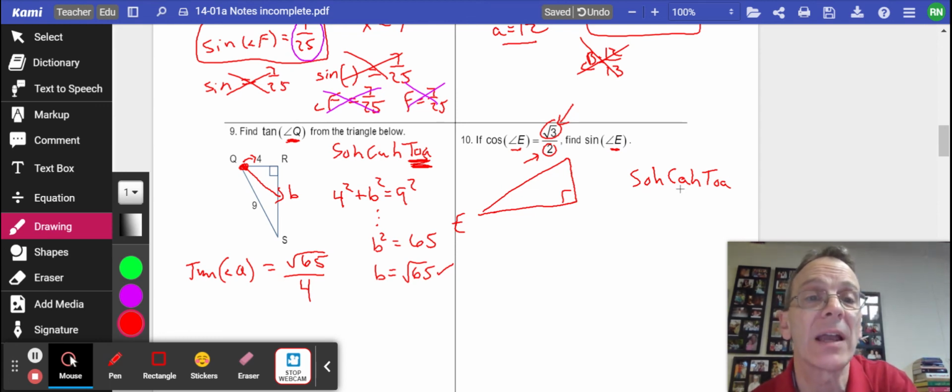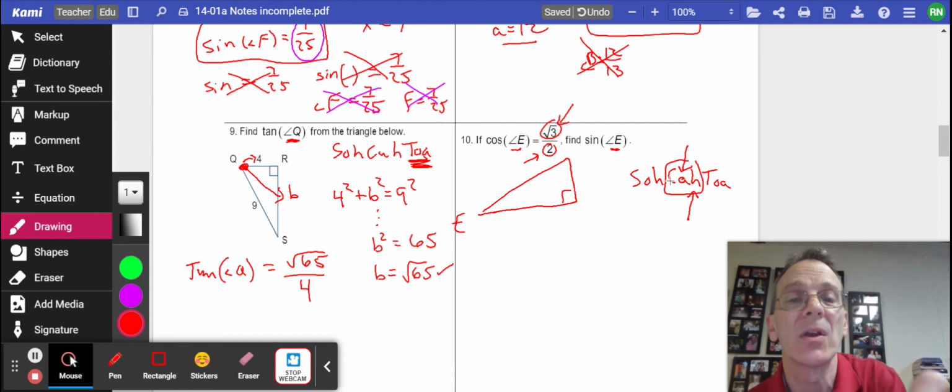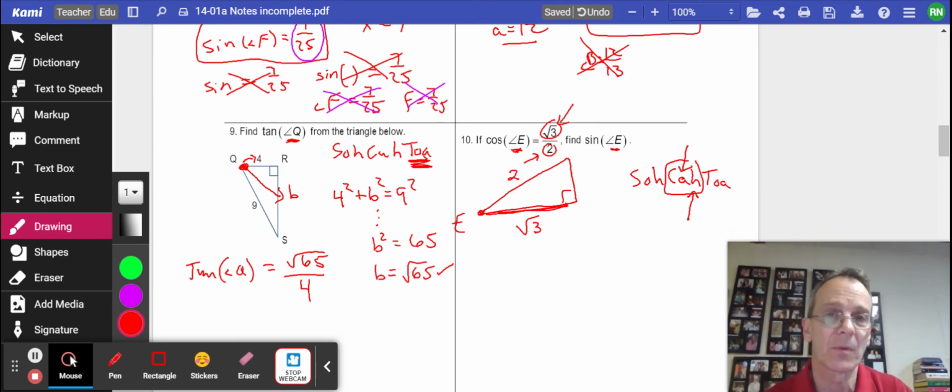Cosine is equal to adjacent over hypotenuse. So from angle E's point of view, the adjacent side is this one. That has to be the square root of 3. And the hypotenuse is 2. So that's where those numbers go. You've got to draw the picture. I've got some homework problems like this.